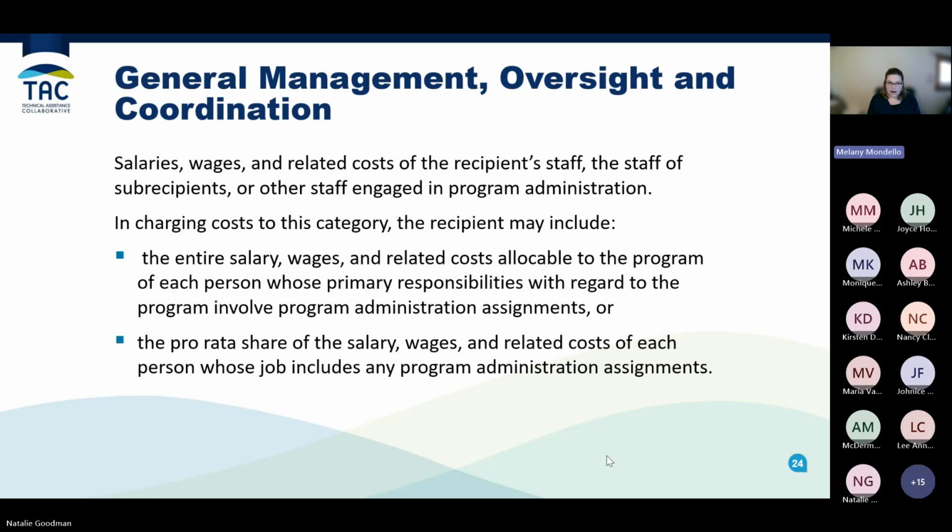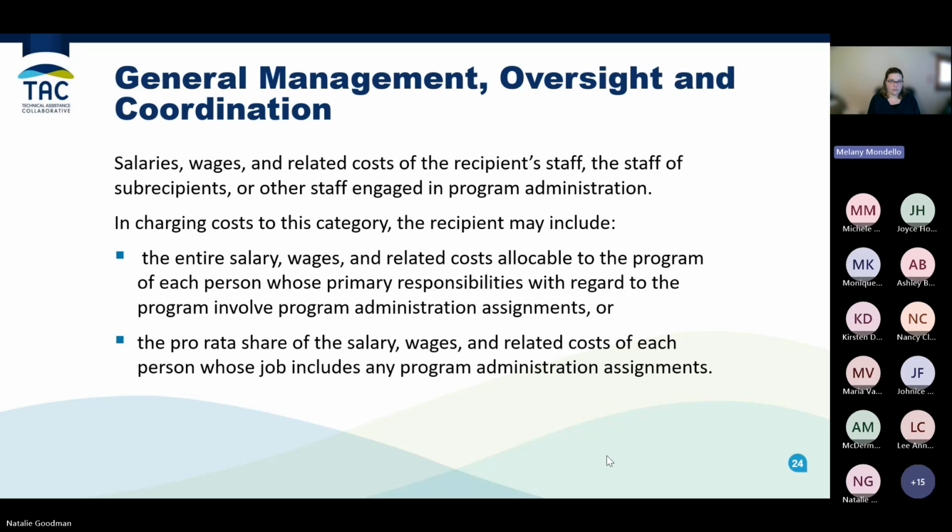The costs in this category could be the entire salary and wages and costs allocable to the program, or the more likely scenario is a prorated share of the salary, wages, and related costs of the people doing those assignments.